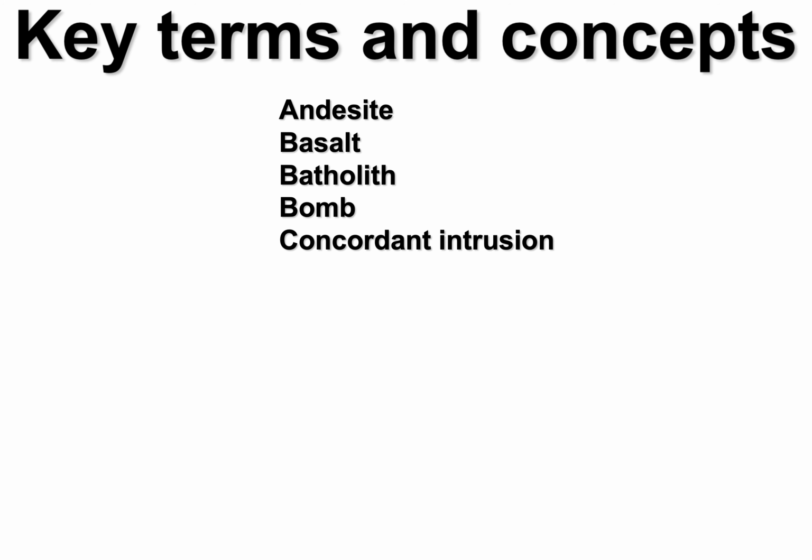Now we are coming to the key terms and concepts. We talked about the andesites and the formation of the andesites. We talked also about the basalts and the formation of basalts. Then we discussed also the occurrence and the location of the batholiths, of the bombs, I mean the volcanic bombs. We talked about concordant intrusions, about country rocks.